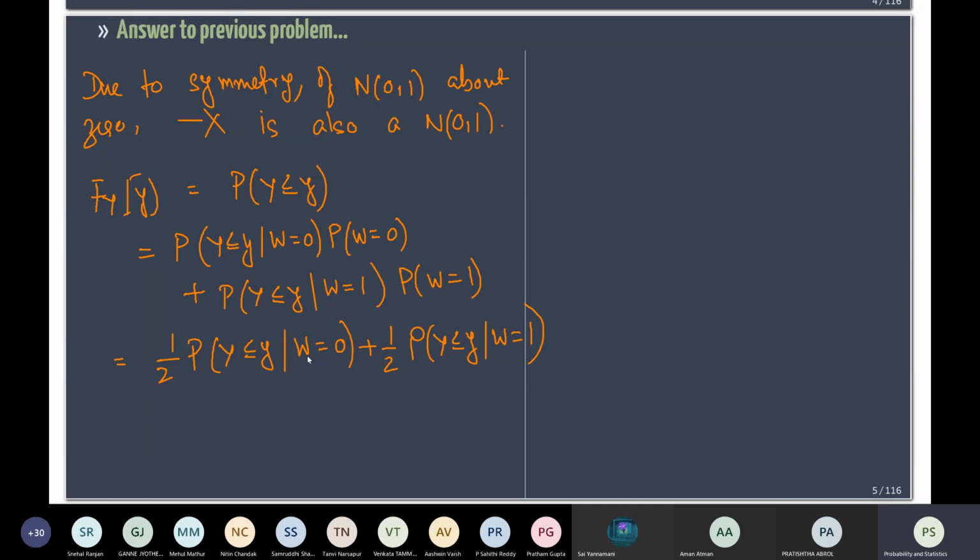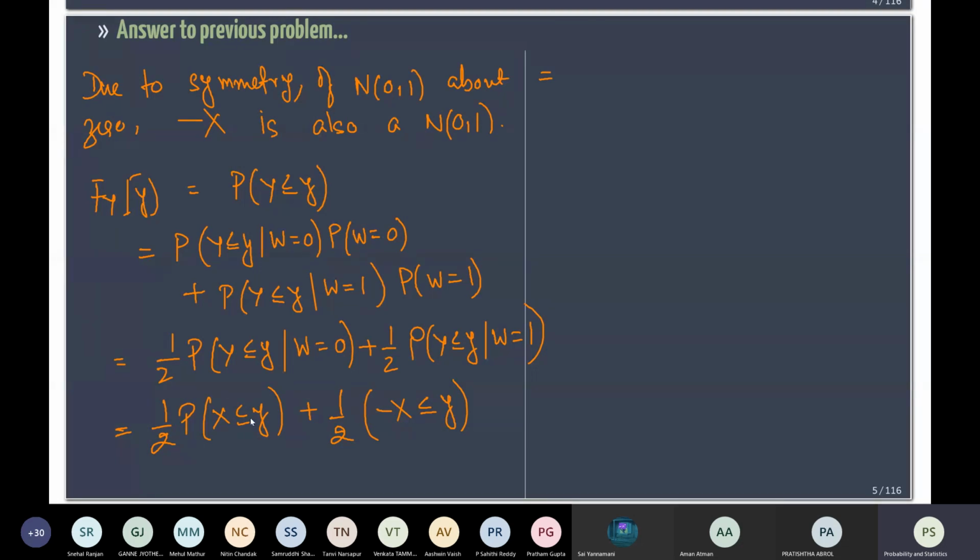So for W equal to 0, I will be having Y equal to X, right? So half probability that X less than equal to y, and because X is known to me, that's why I will do that. And for W equal to 1, Y is like minus X less than equal to y. Right. Okay. Now you see minus X is also normal by symmetry, right?